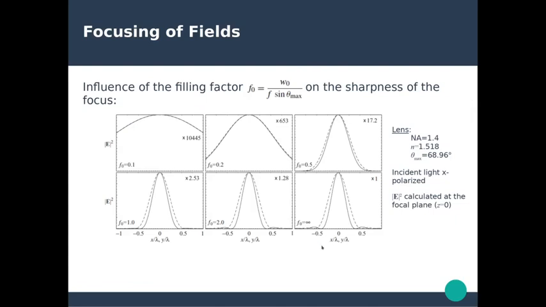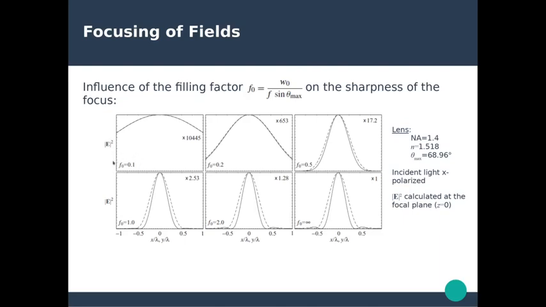So if you're looking in the plane where you're actually trying to image your object, so in the object plane, the electric field distribution, the spatial distribution, so along the x or the y direction, you look at the field intensity or the intensity of light, which is distributed in this plane.